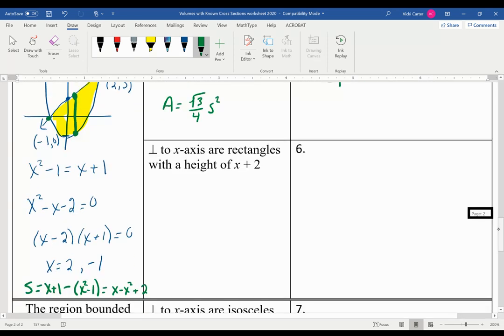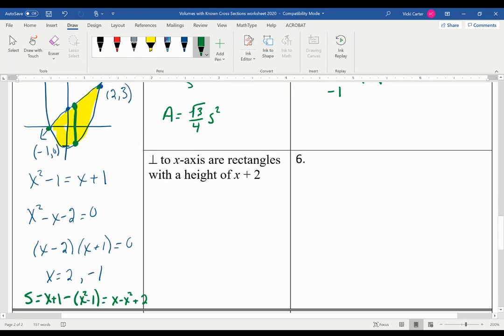All right, the second one is a rectangle with a height of x plus 2. So that's kind of a different take also. So this is our S, and whatever this is that's going to make the rectangle, it's x plus 2. So our area is going to be S times x plus 2.